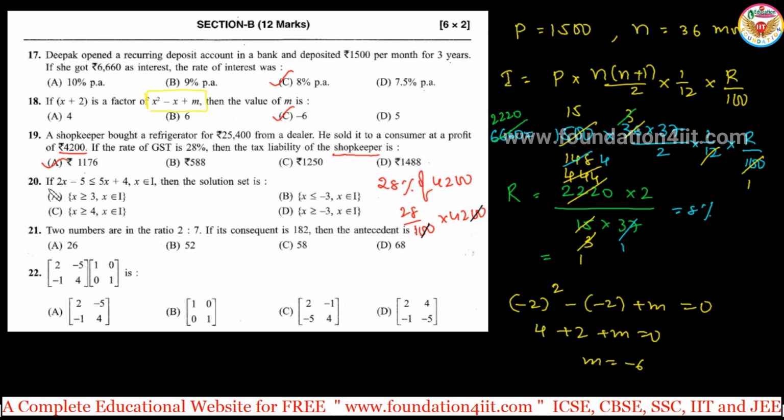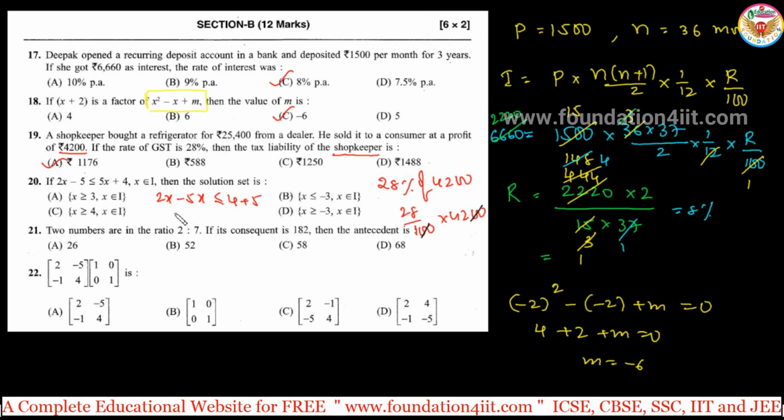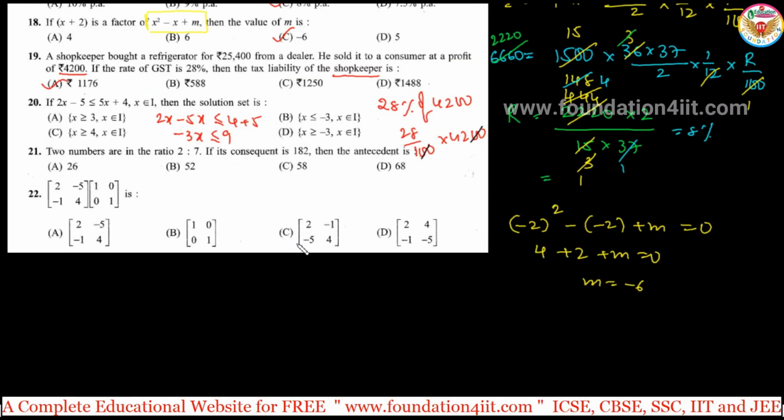Okay, next one. 2x minus 5 is less than or equal to 5x plus 4. X belongs to integers. Solution set we have to write. If you take the terms, 2x minus 5x is less than or equal to 4 plus 5. Take x terms one side, numbers one side.